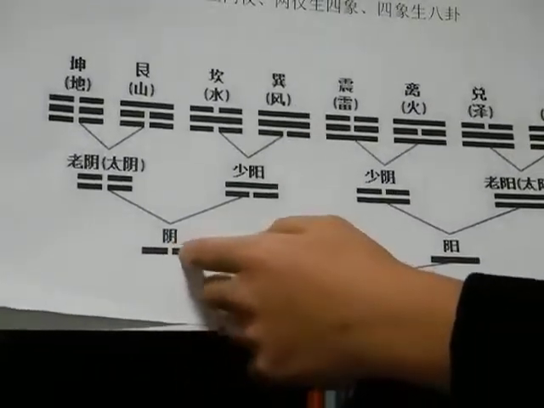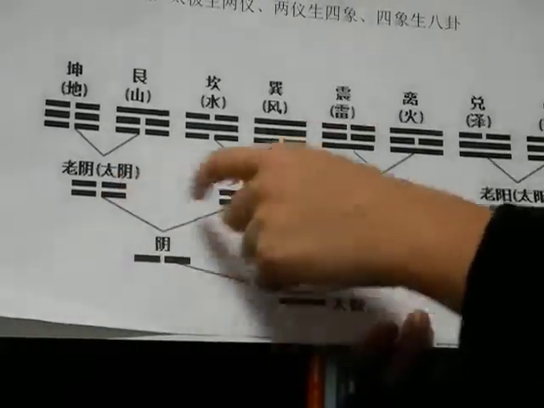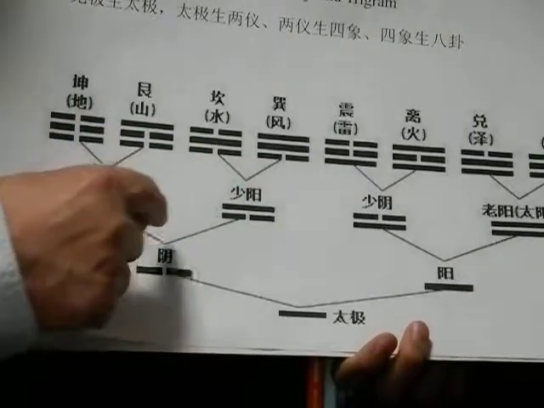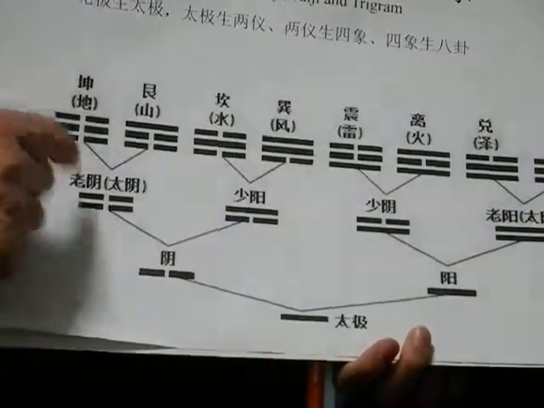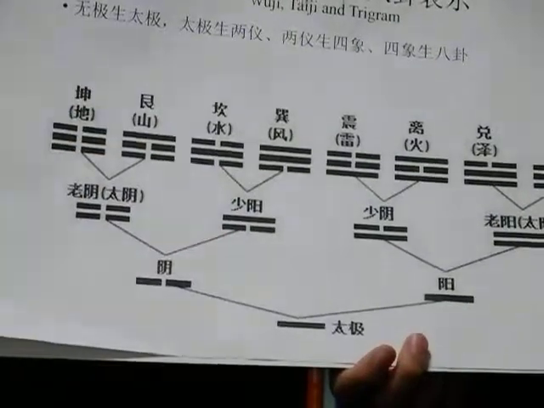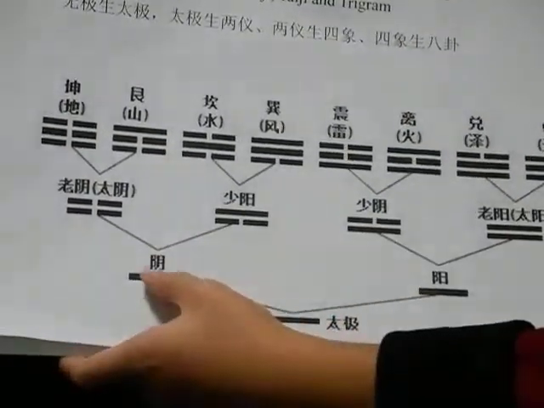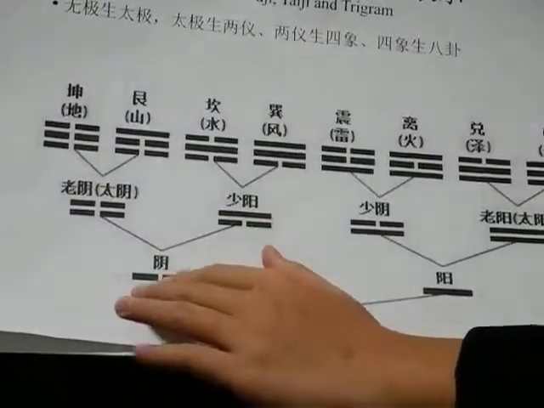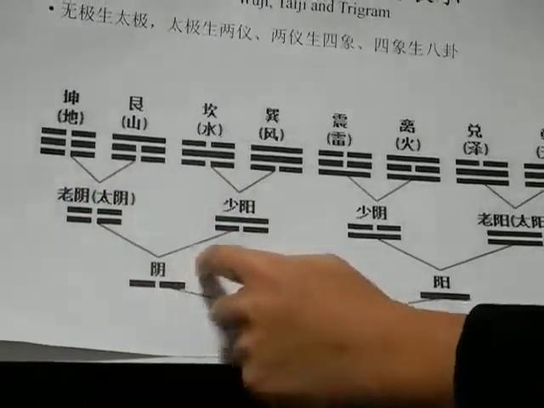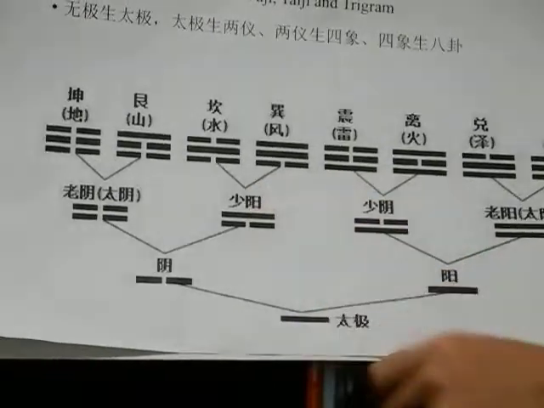The yin pole either wears a yin hat or a yang hat. So now you can see that when the yin wears a yin hat, it becomes this. When the yin wears a yang hat, it becomes this.